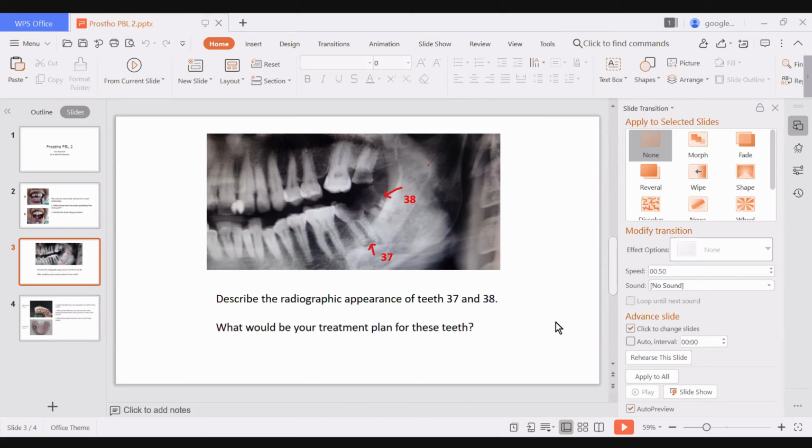All right, so when you look at this, you see radiolucency on the coronal part of both 37 and 38, possibly indicating, well, definitely if you look in the mouth, the caries is going to be so huge. So possibly indicating coronal tooth structure loss or caries.